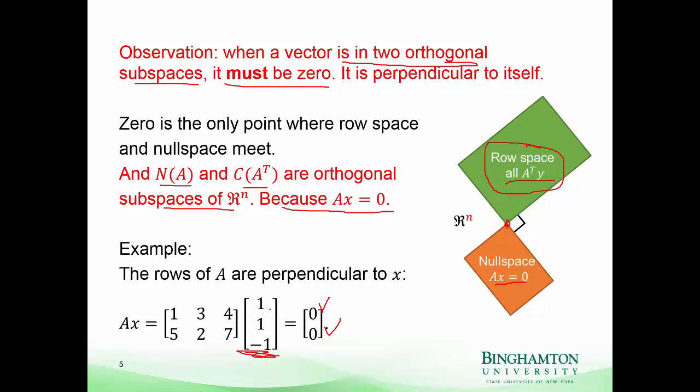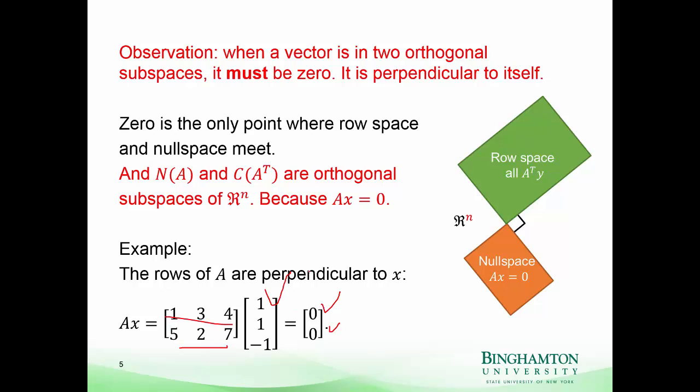Think back to the many ways we said to think about doing matrix times vector. Well, it's this row inner product with the x, and it's this row inner product with the x. So we're doing inner products, and we're getting inner products that are equal to zeros. So that means each of the rows is orthogonal to that one vector, and that vector is a basis for the null space. You can show that this matrix has a null space that has dimension of 1.